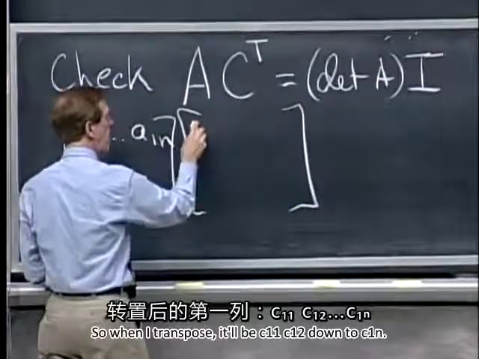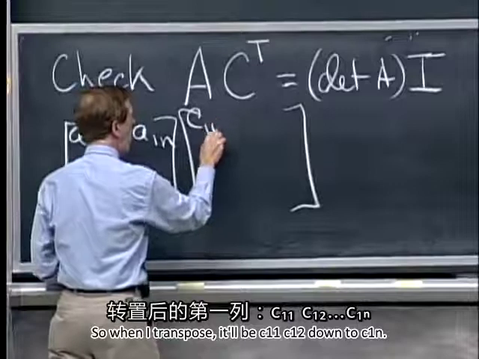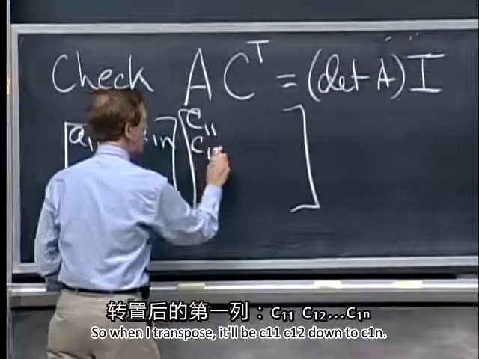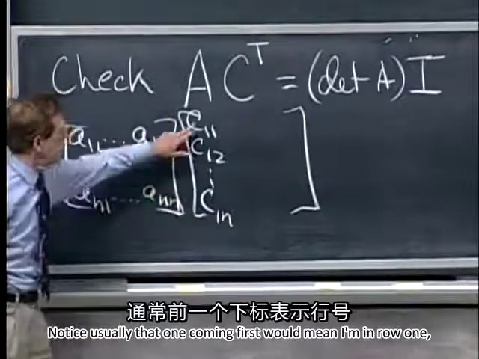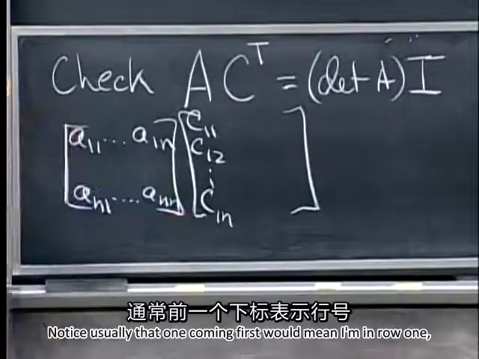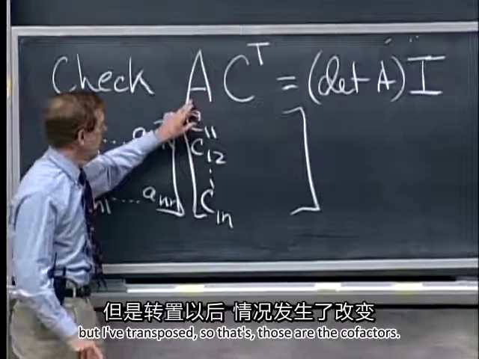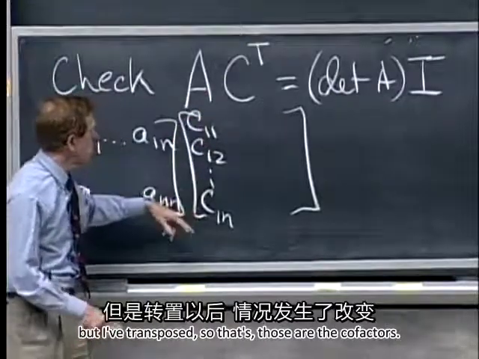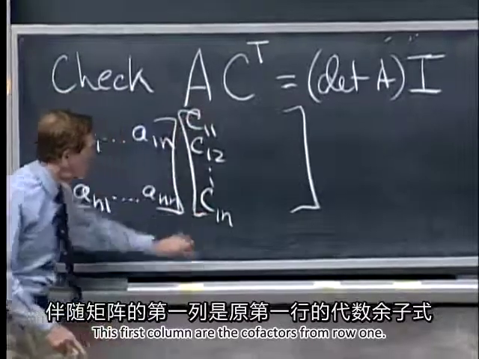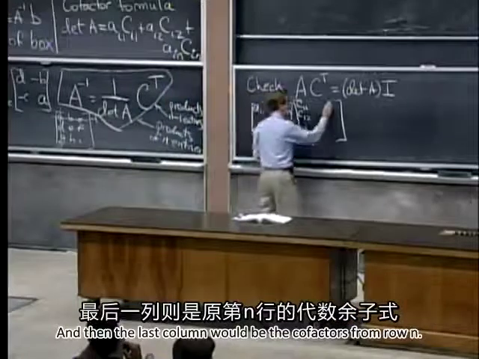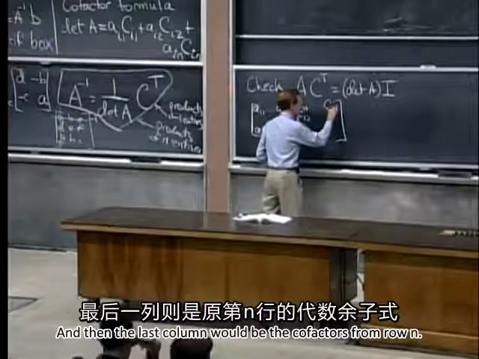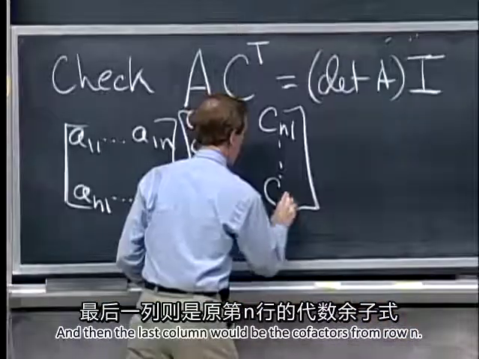So when I transpose, it'll be C11, C12, down to C1n. Usually that 1 coming first would mean I'm in row 1, but I've transposed, so this first column are the cofactors from row 1. And then the last column would be the cofactors from row n.